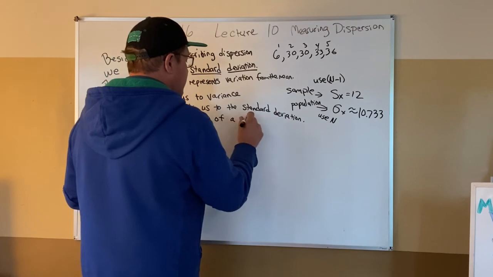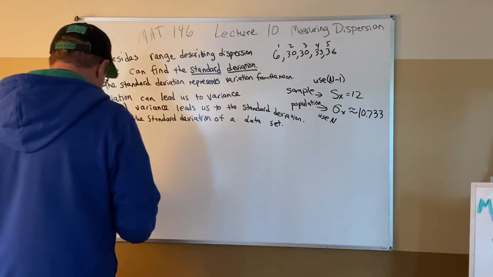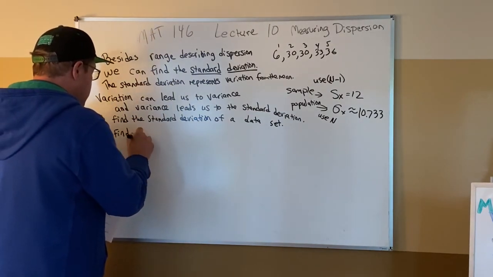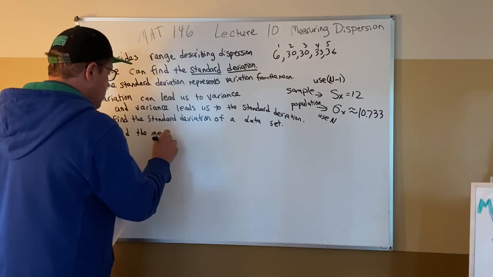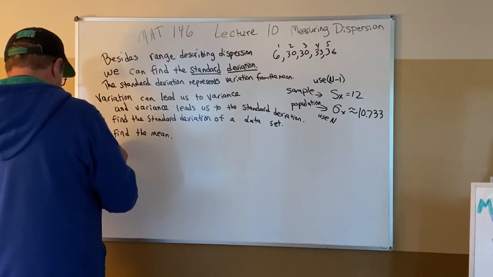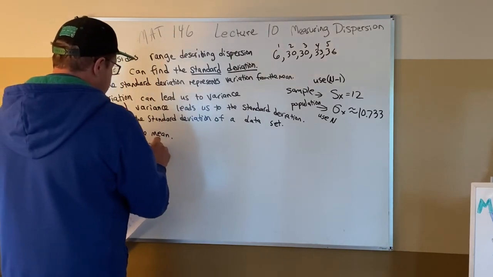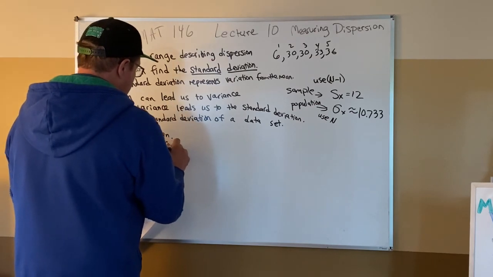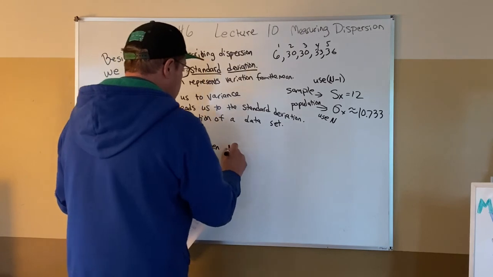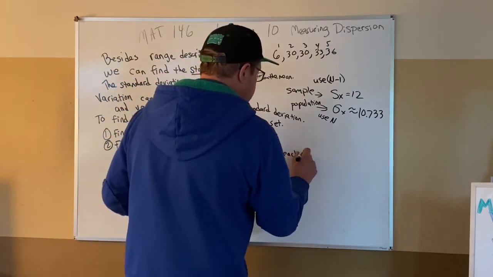Of a data set. And we can do a small data set and we can do it by hand. Number one, you would find the mean. Number two, find the difference between the mean and each data value. So you do it for each value.